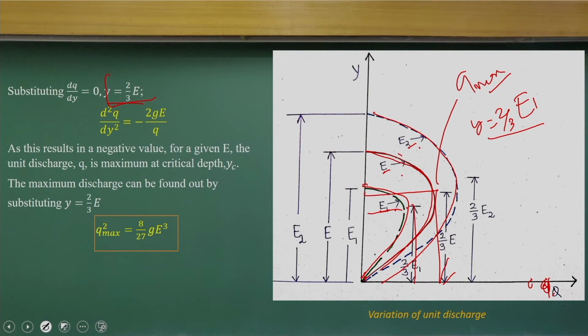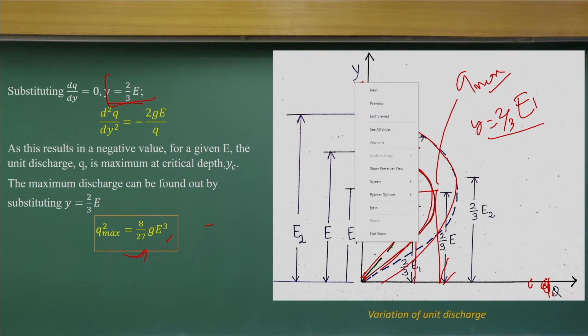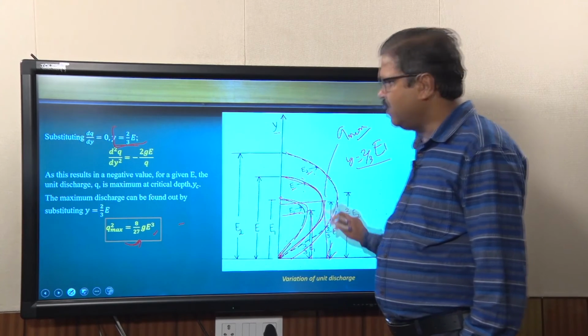With simple derivations, if you just substitute the values, you will get Q max as a function of the specific energy, which is very easy to do. So we can draw this curve and remember how, for a constant E, Y and the unit discharge Q vary. That is the relationship we have got here.